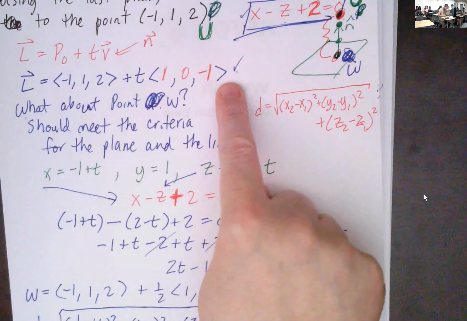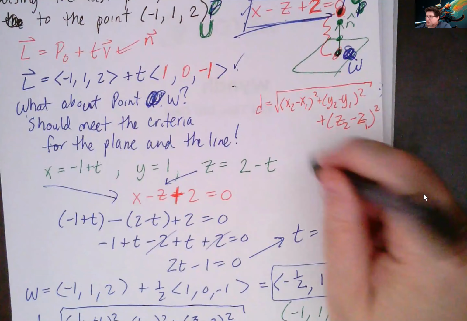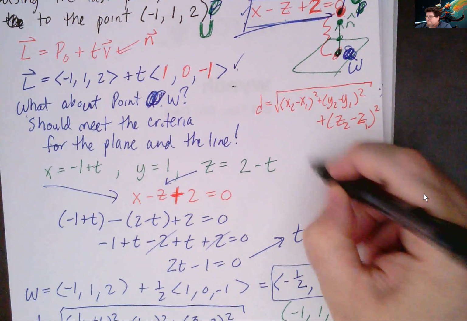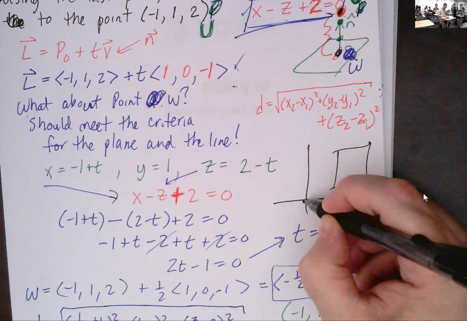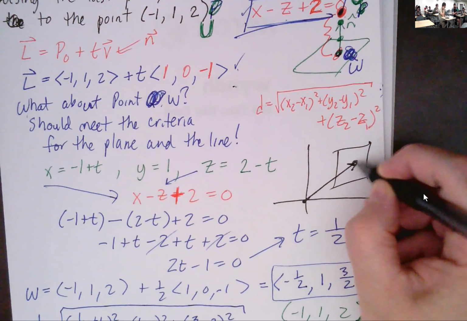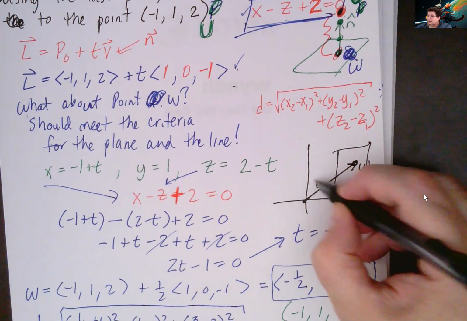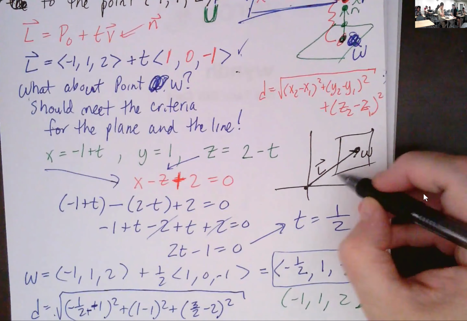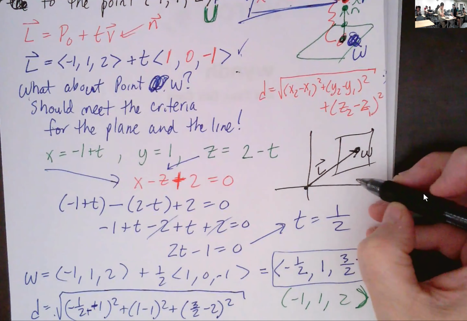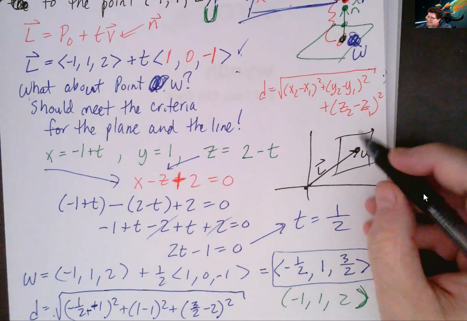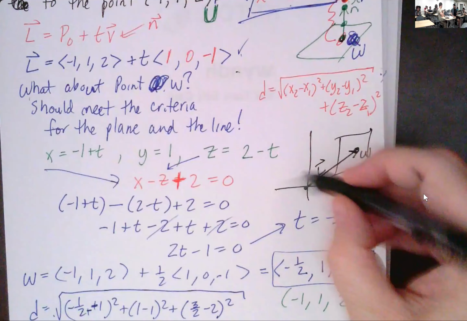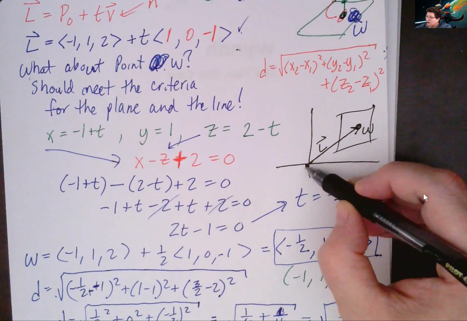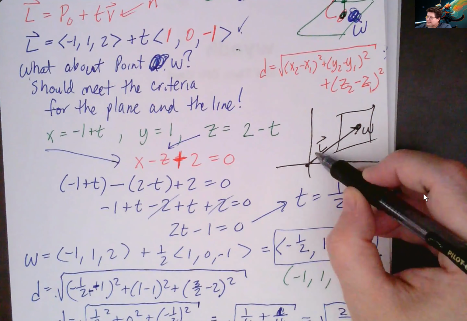This L is a vector from the origin to a point in the plane. Here's my plane over here. L is this line right here. It's pointing to W right there. That's L. Well, the P naught is where? It's another point.